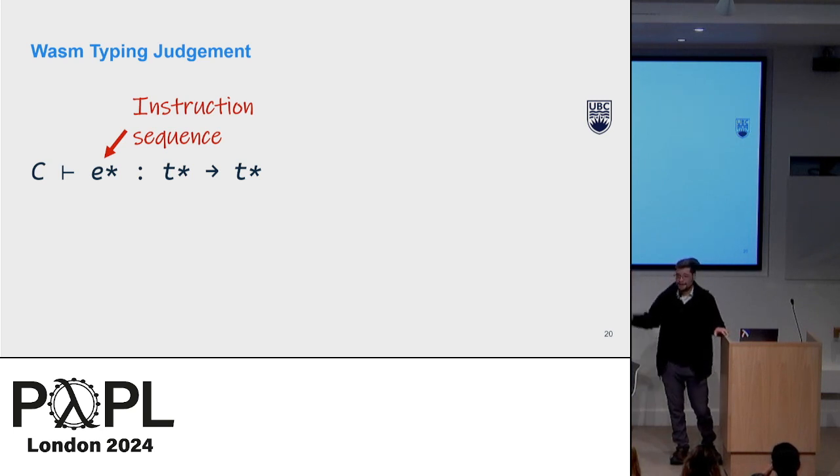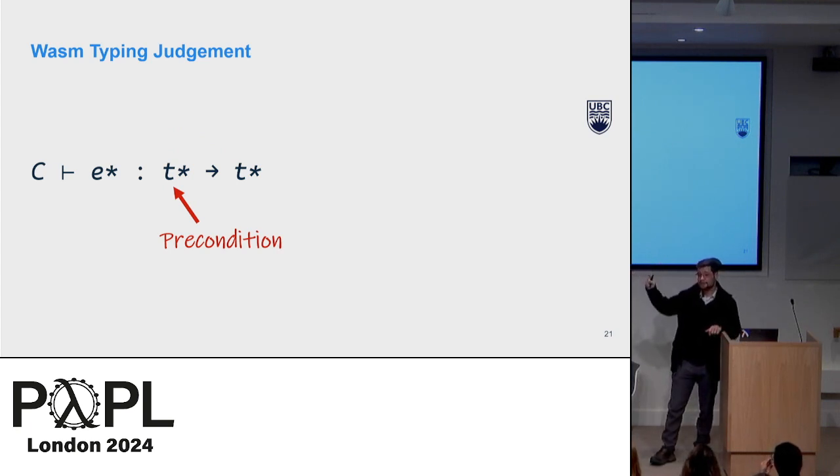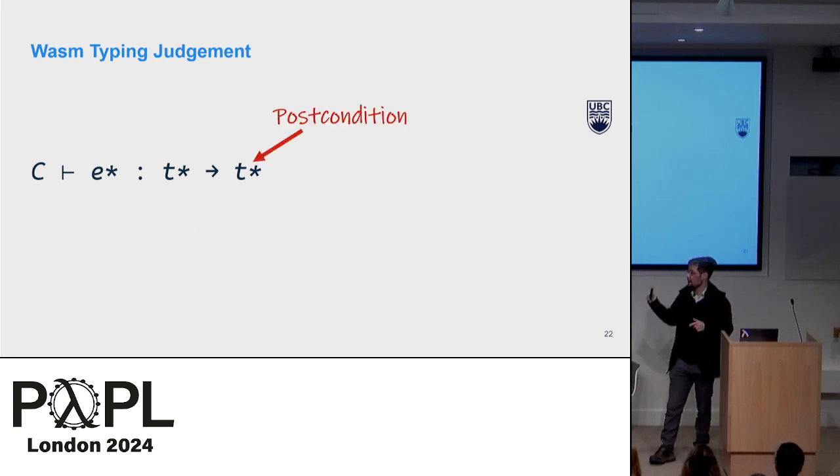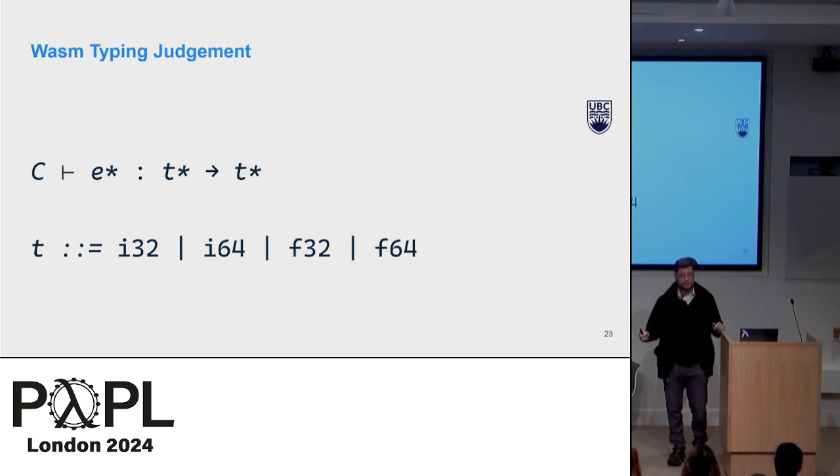So this is saying that there are some number of instructions, possibly 0, that have the type, and this is a stack type. So on the left here is a precondition on the shape of the stack, where there are some number of t's on the stack before the instruction, and some number of t's on the stack after the instruction. These t's are either 32 or 64-bit integers or floating point numbers.